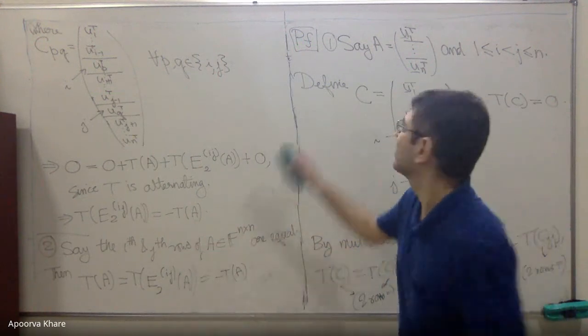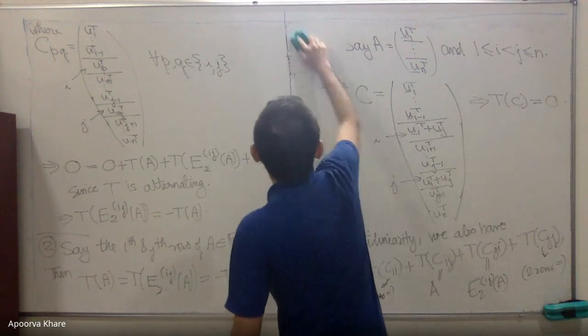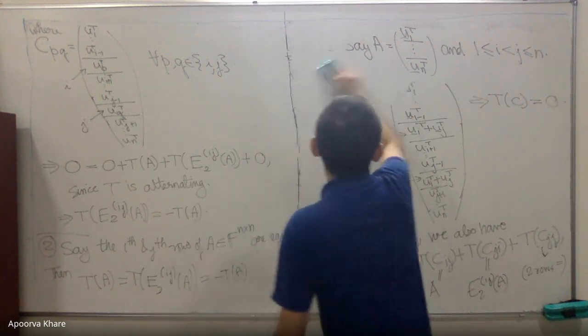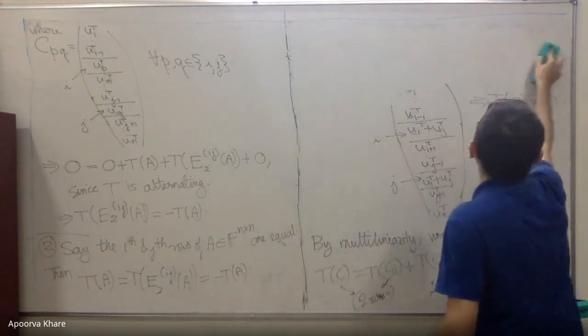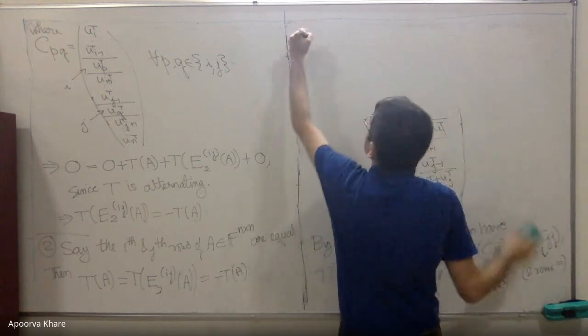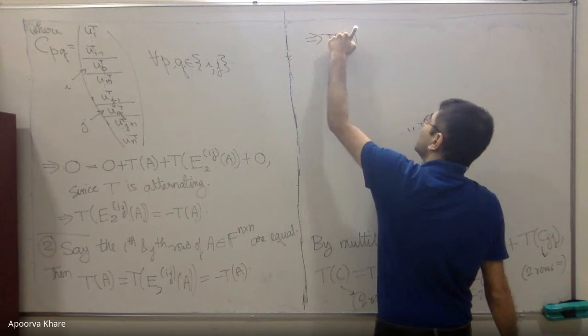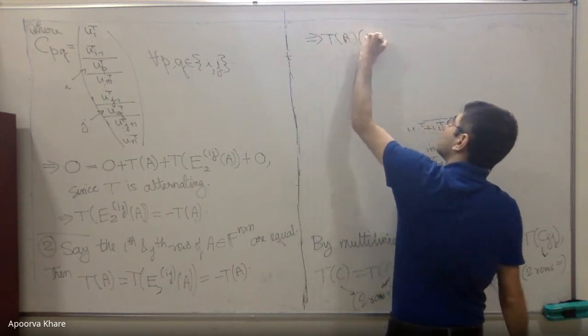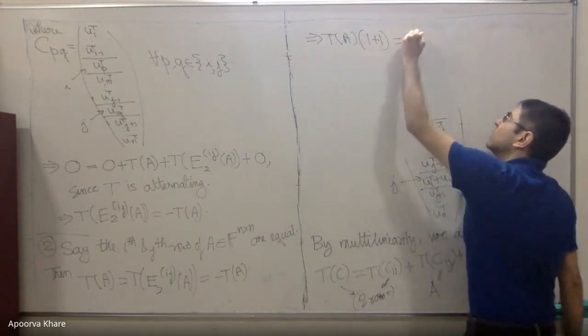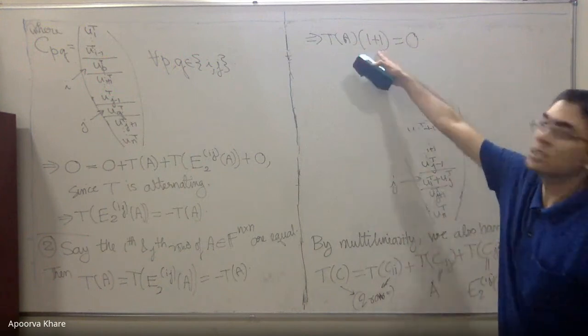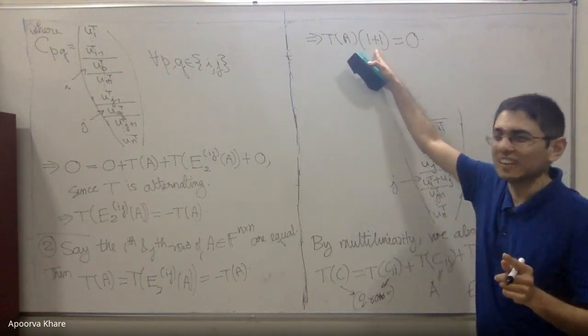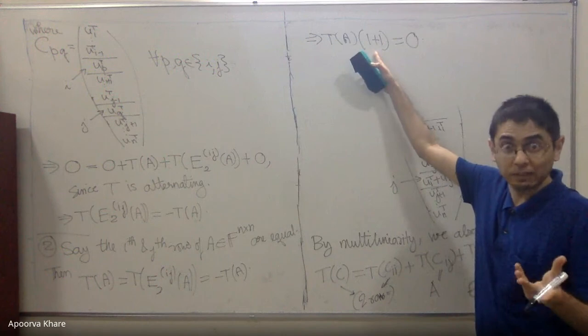I can add T of A to both sides. I get 1 plus 1 times T of A, or 2 times T of A is 0. T of A is a scalar. So I can say T of A plus T of A. And now I can take T of A common and get 1 plus 1. But now since 1 plus 1 is not 0 in the field, it has a multiplicative inverse in the field.